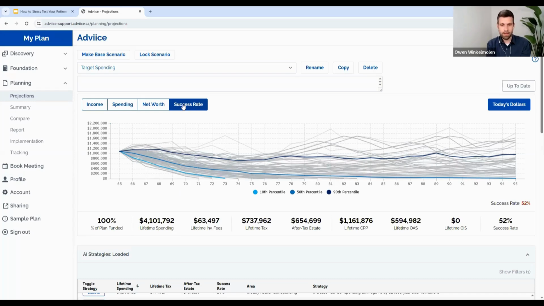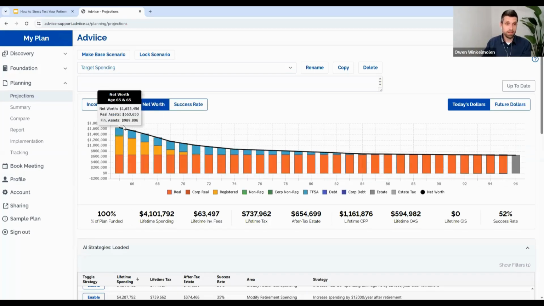So I would say it is a little bit open to interpretation. For plan funded, we want to be above 100%. For success rate, generally 80% or more is good, but you want to highlight what the max spending is as well, and what's a reasonable upper bound.